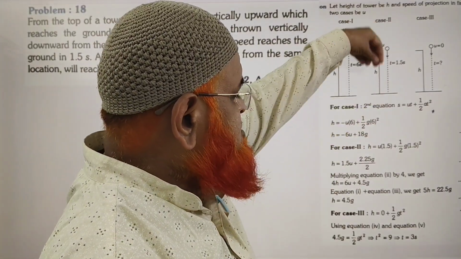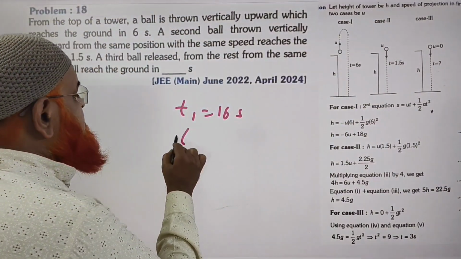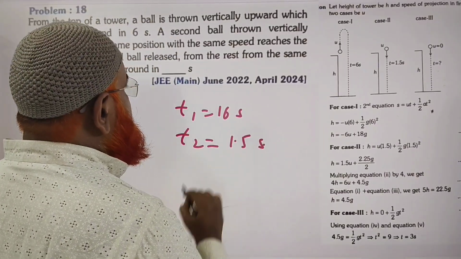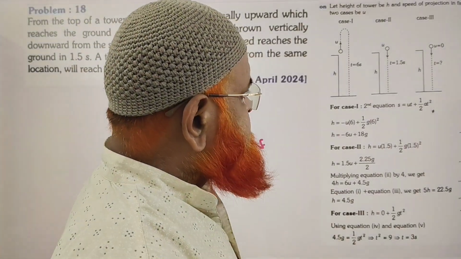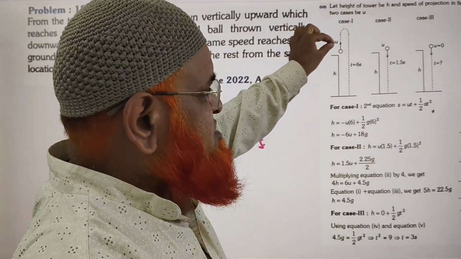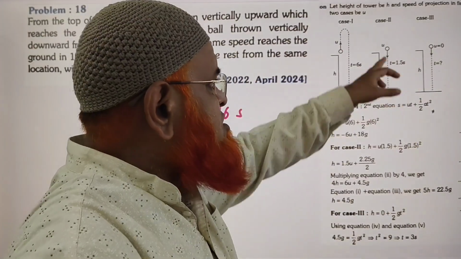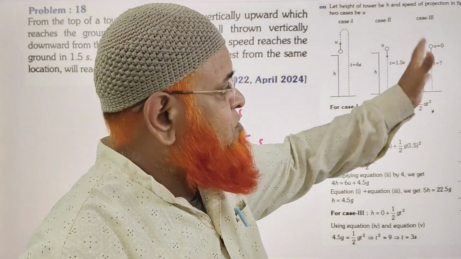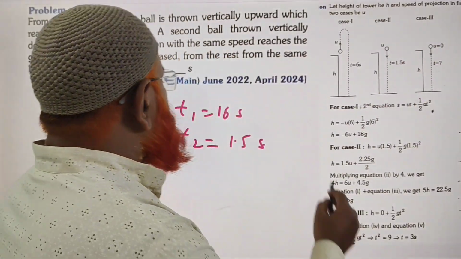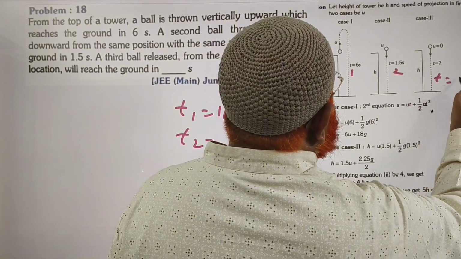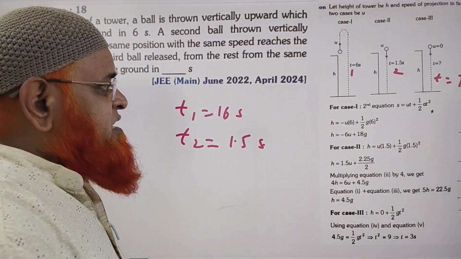The second case, the ball is thrown downwards, T2 is given as 1.5 seconds. One is thrown upward with a velocity u, one is thrown directly downwards with the same velocity u, and another is just dropped with initial velocity 0. So T1 is given, T2 is given, and it is asking what the time is when it is just dropped.